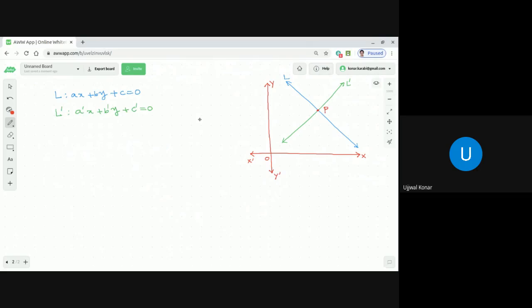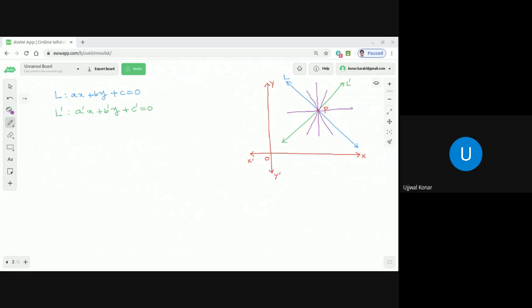Now, dear students, through the point P we can have an infinite number of straight lines passing through. This is one, this is one, this is one, this is one. Like this, an infinite number of straight lines pass through it. What will be the equation of such a straight line in a very generic form? That is the point of the discussion.